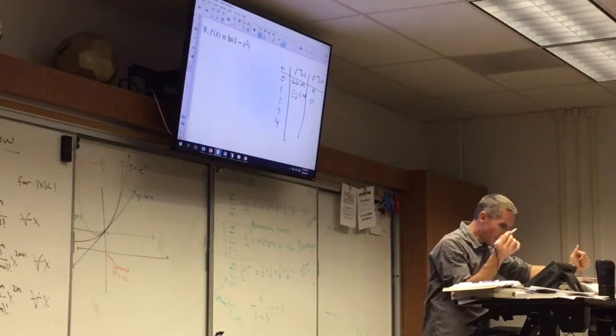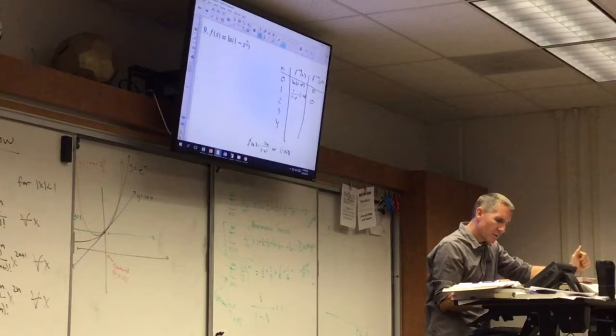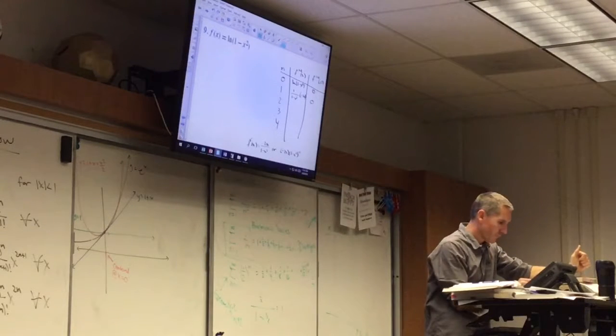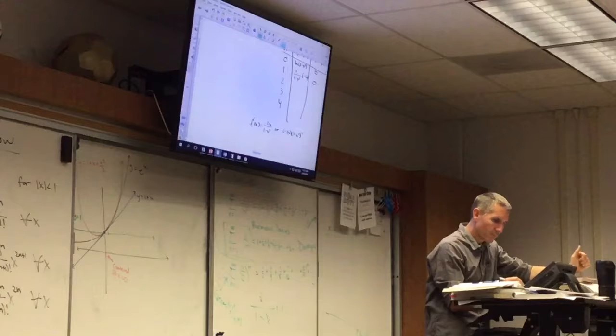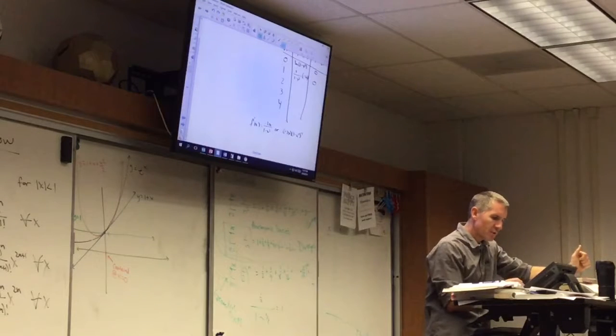So the reason why I'm thinking is, do I call f prime of x negative 2x over 1 minus x squared, or do I call it negative 2x times 1 minus x squared to the negative first? Let's start with the second one. Let's see if that makes it easier. So what's the second derivative of f of x?